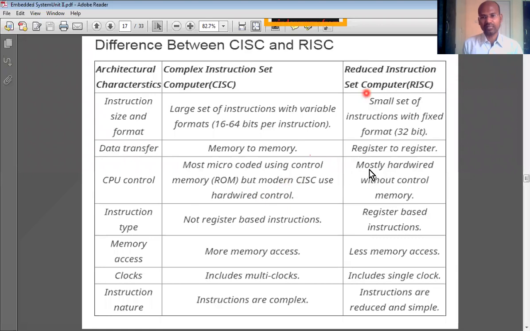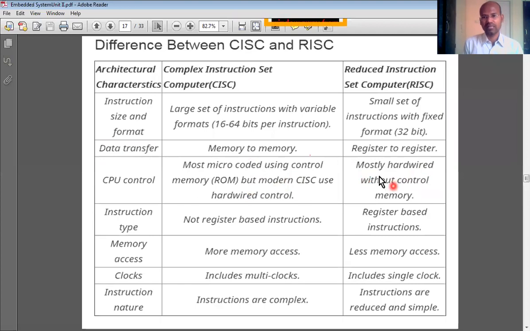Coming to RISC, mostly hardwired without control memory. All the instructions are very simple. You can use directly hardwired. You can very easily implement this hardwired. It is not that easy to implement this hardwired in CISC. It takes a lot of space. CPU size increases in CISC because these are complex instructions.